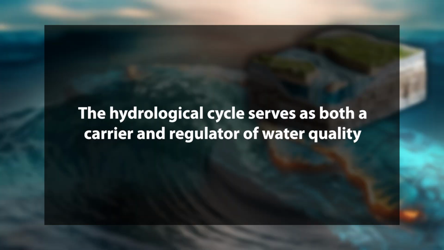Natural filtration through soil and aquifers can improve water quality. Pollutants introduced at any stage can degrade both surface as well as groundwater. Thus, the hydrological cycle serves as both a carrier and a regulator of water quality.